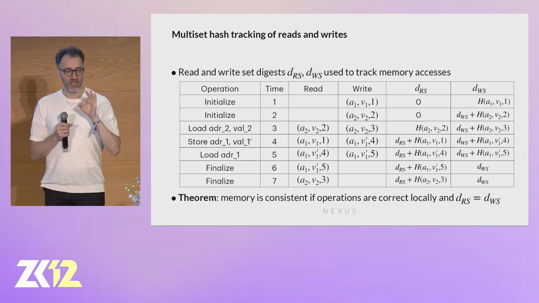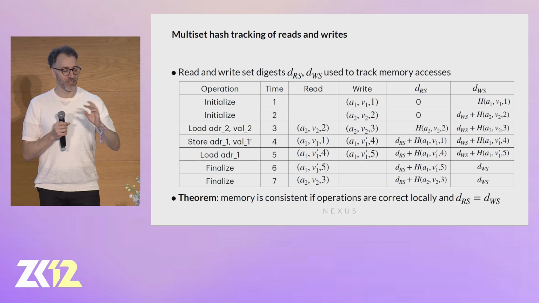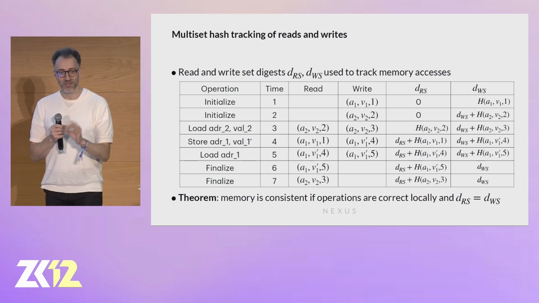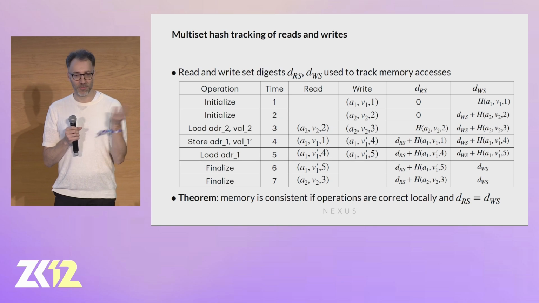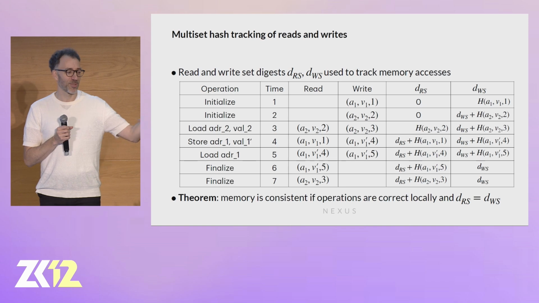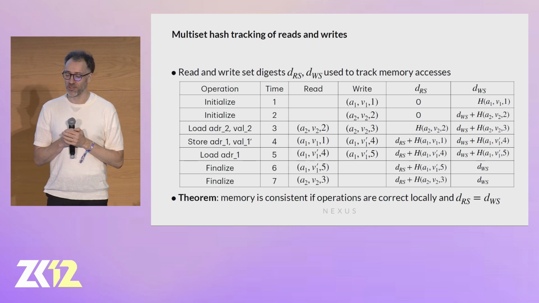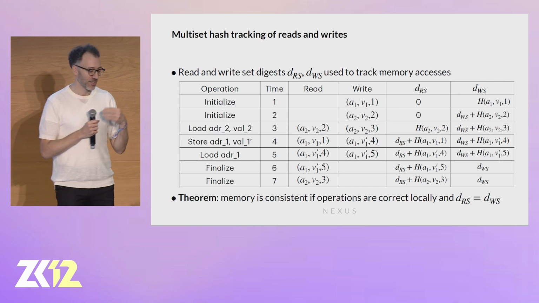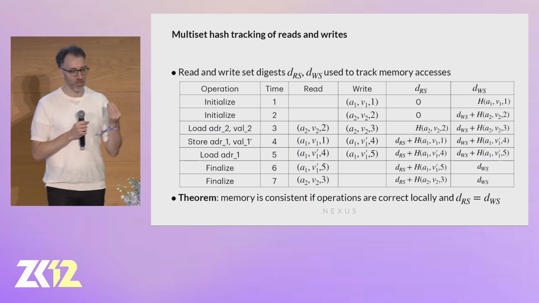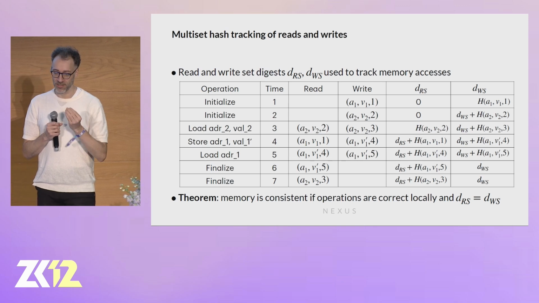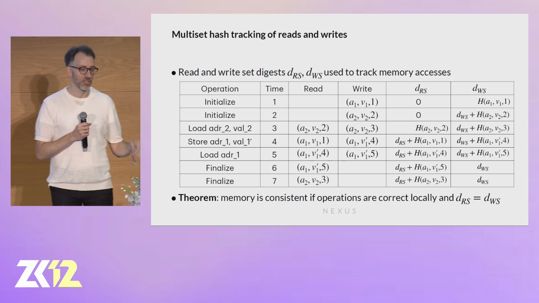Even if you have different workers doing different slices of the computation, that's still fine. It's just a local operation: I'm getting some digest and updating that digest, regardless of what has happened elsewhere in the execution. So multiset hashing allows you to check that the memory is consistent just with local operations, and this multiset hash digest that you're evolving over time.